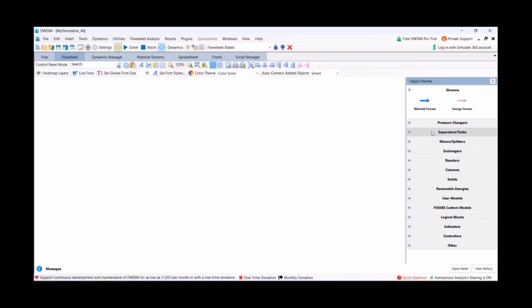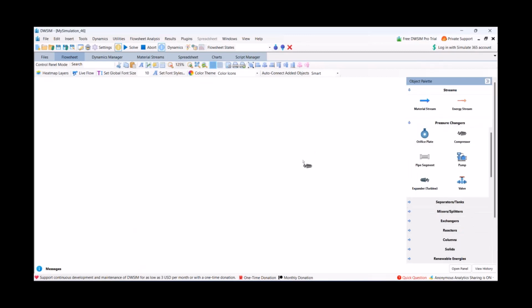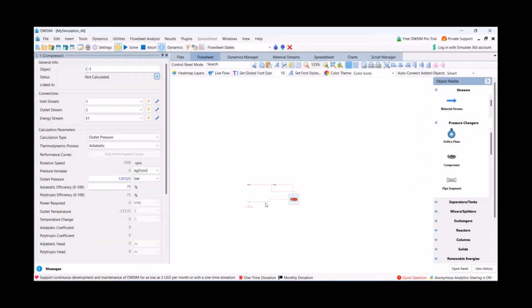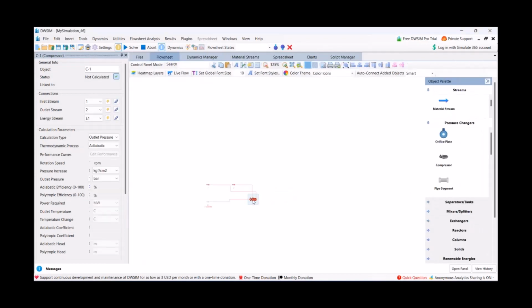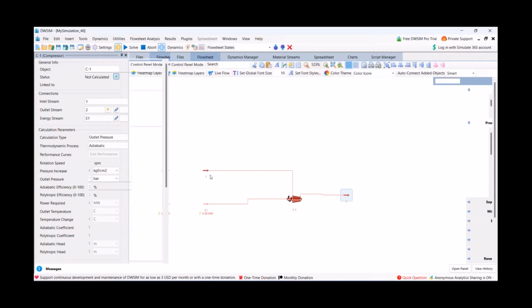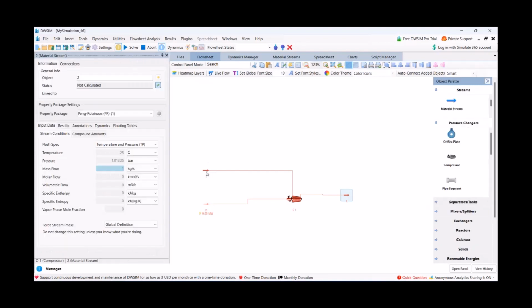So first we will need an air stream and an air compressor. So we need a compressor here. Let's make it a little bit shorter. There are two material streams and one energy stream in the compressor.